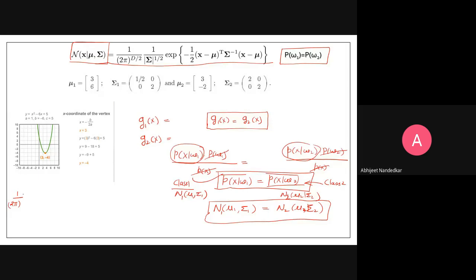D is 2 here, so 2 by 2 is 1, so I just write 2 pi, into the square root of the determinant of sigma 1, into e to the power minus half into (x minus mu1) transpose sigma 1 inverse (x minus mu1).